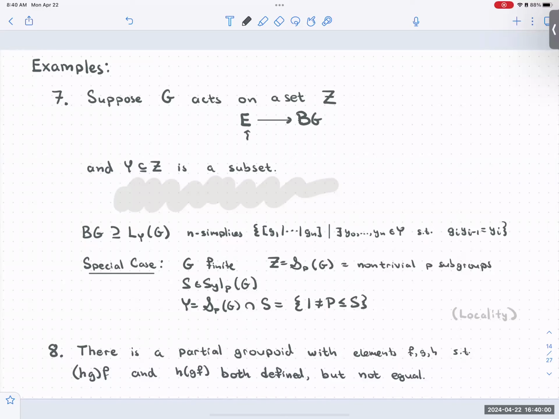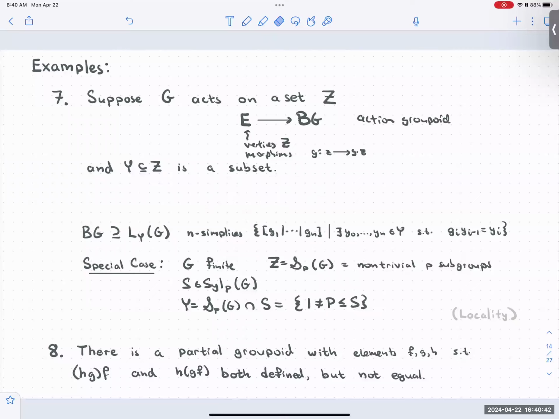So this has vertices Z, and then morphisms G from little z to Gz. This is taking the standard discrete opfibration associated to this group action, and then taking the nerve or something. So we can always do this.